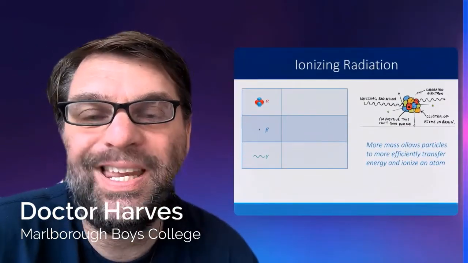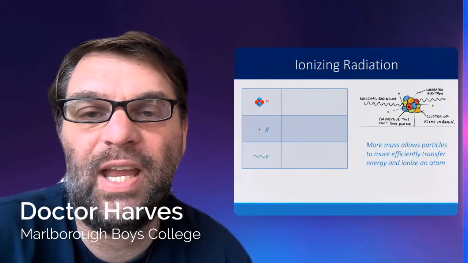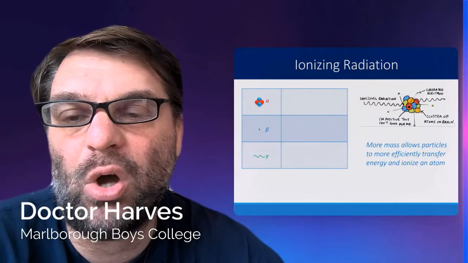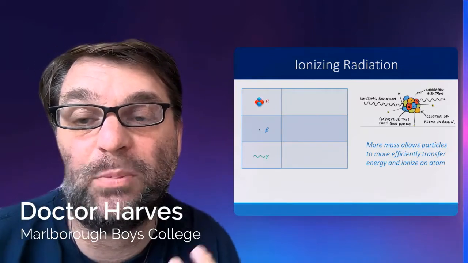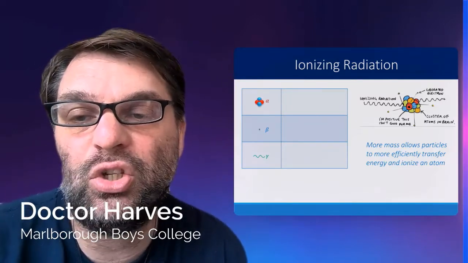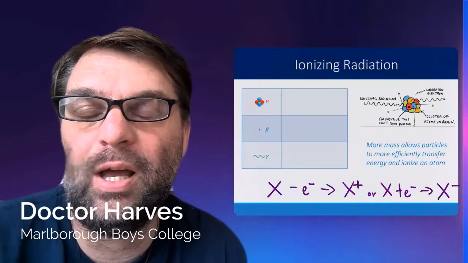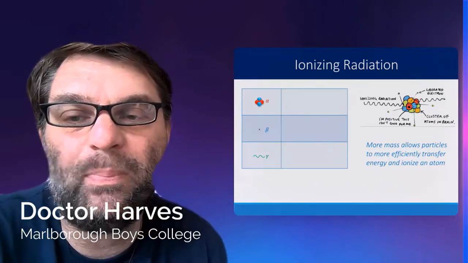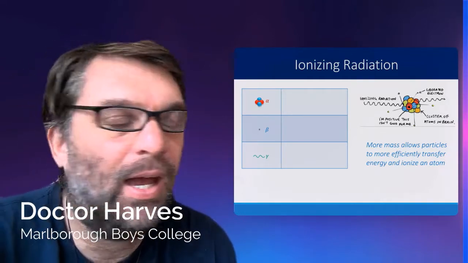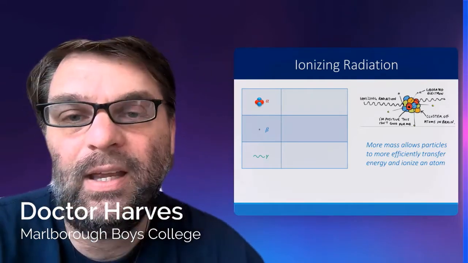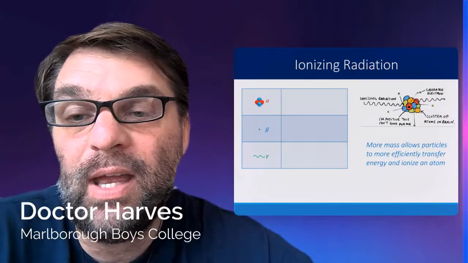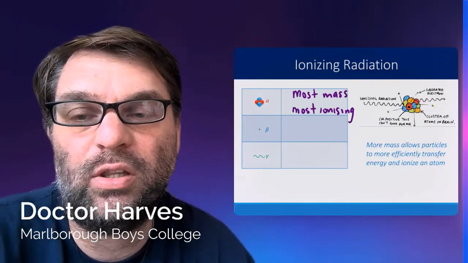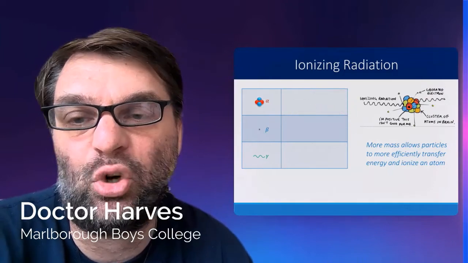In terms of the properties of these types of radiation, the first point is ionization. Ionization is the ability of the radiation to ionize an atom, to pull electrons off or add electrons. An alpha particle, being slow and heavy, isn't very effective at moving, even though it is highly ionizing, so it has the most ability to rip off electrons.